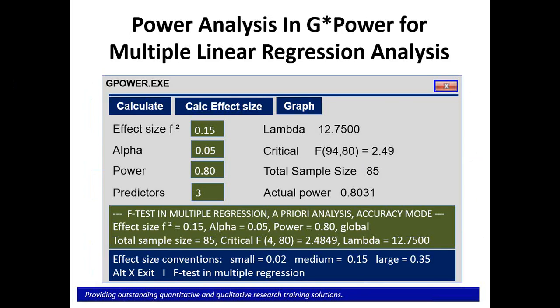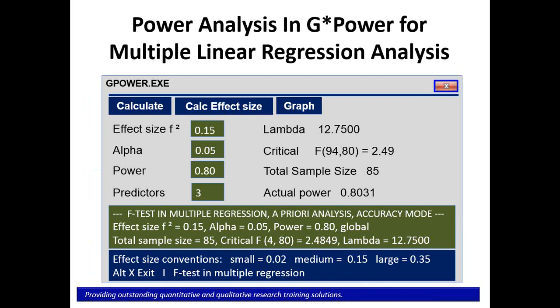Now, this is the actual output produced by G-Power. You can see on the left-hand side in the green boxes towards the upper left, the effect size is medium, 0.15, and the G-Power people were good enough to put the effect size conventions in the blue bottom rectangle.